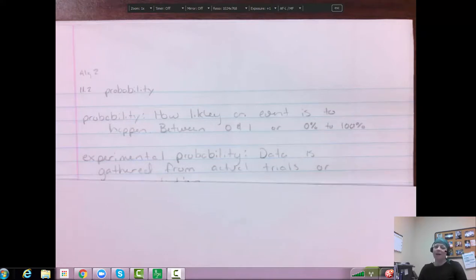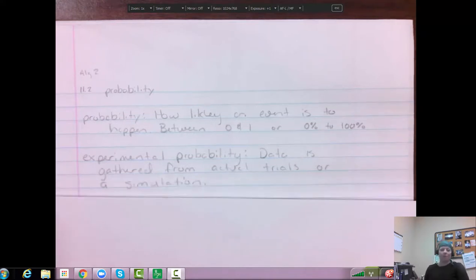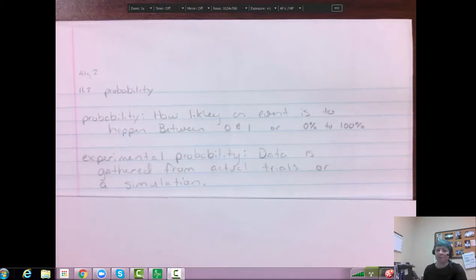We know with theoretical probability that the probability of a heads or tails are equally likely. So there's a 1/2 or 50% chance of a heads or 50% chance of a tails. But if I do an experiment, I may get, one of them is 49, one's 51, or a little bit off that theoretical probability.